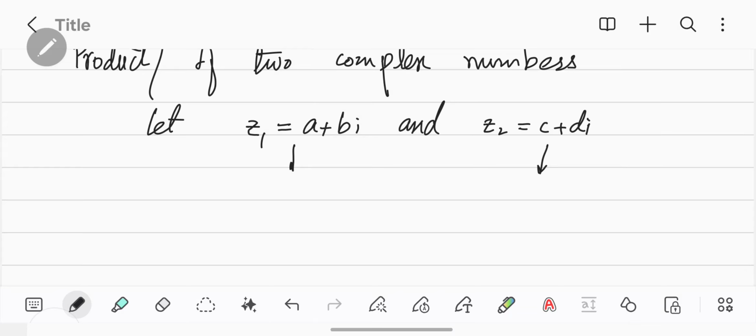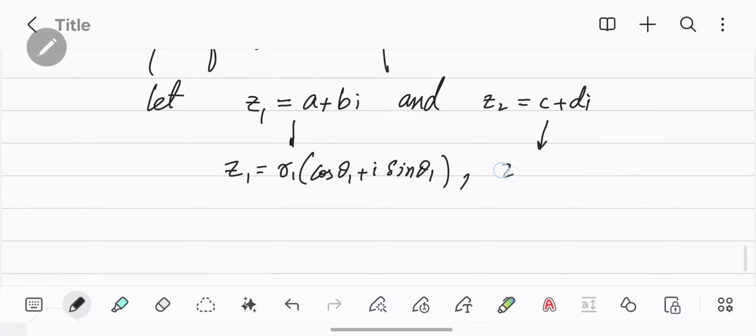Suppose that the trigonometric form of z1 is r1 cosine theta 1 plus iota sine of theta 1, and similarly the trigonometric form of z2 is r2 cosine of theta 2 plus iota sine of theta 2.